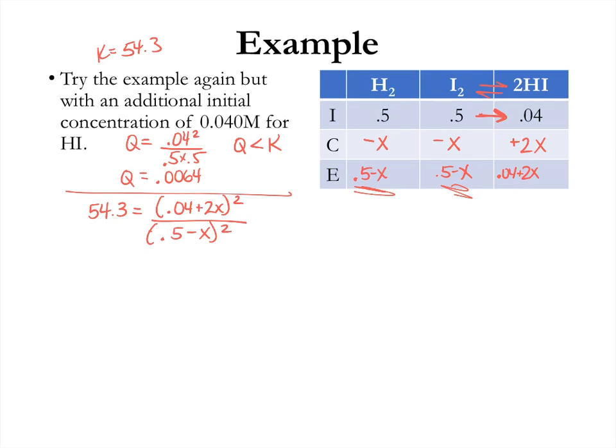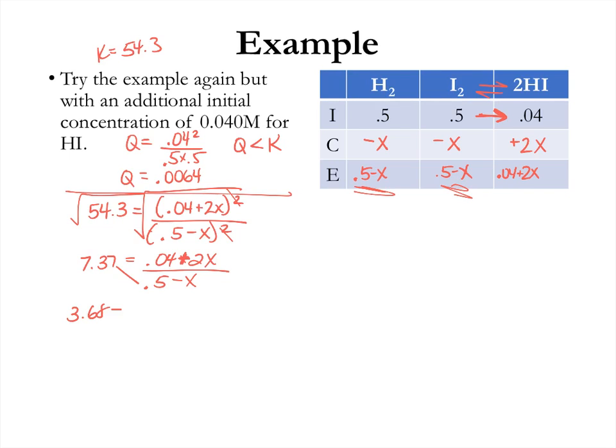So again, I can take the square root of both sides to knock out those exponents. So solving for that, 7.37 equals 0.04 plus 2x divided by 0.5 minus x. So now we'll cross multiply.